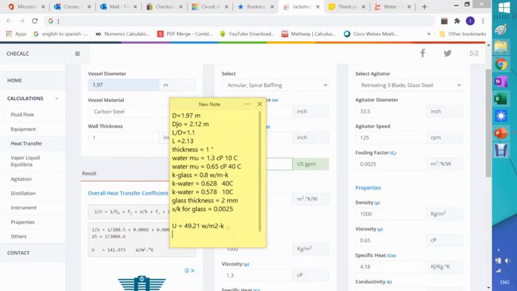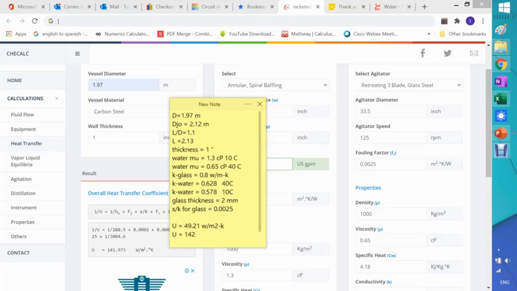I can put that on the sticky note here to end this. Basically, I would say 142 for the sake of argument, in watts per square meter Kelvin. So it definitely improved the overall performance of the jacket when it has baffles.